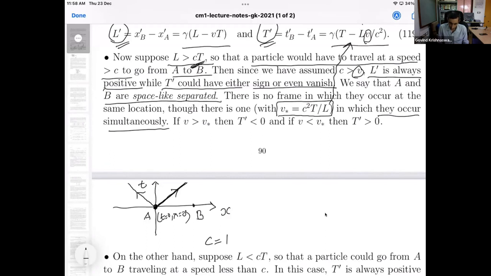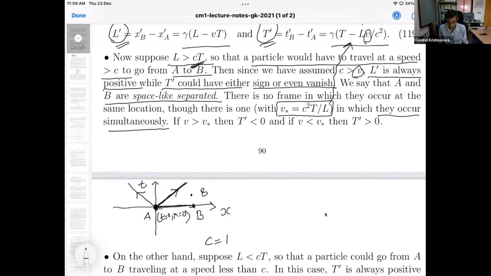All of these events are such that a particle would have to cover a greater distance than light would allow it to cover in the time allotted. Here the two are at the same time in this frame, so you would have to have instantaneous propagation if you wanted to go from A to B.